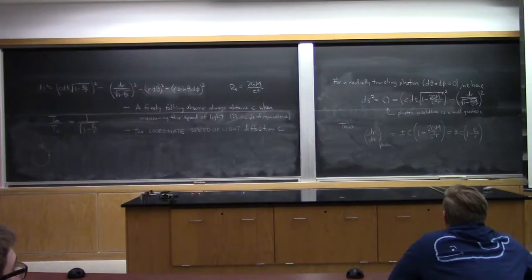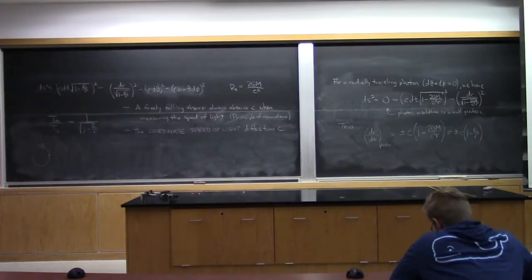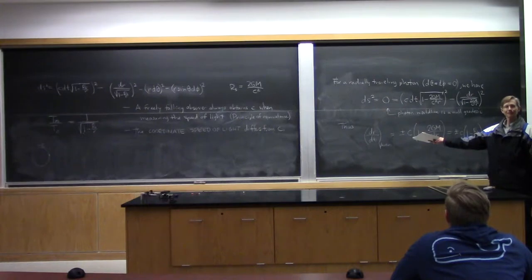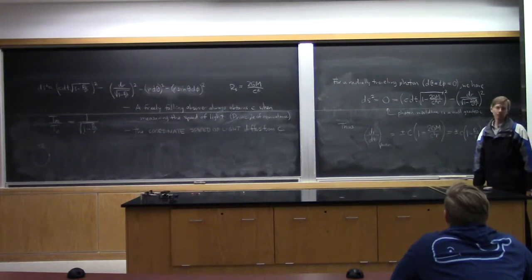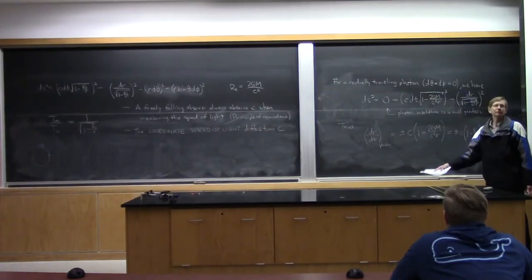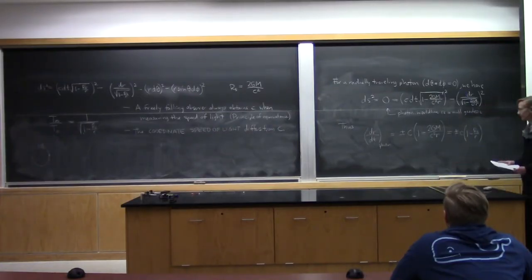Because I took a square root, and the square root could be plus or minus. Physically, plus or minus corresponds to what? The photon could be moving in or out. So the plus or minus is reflecting the photon being an outwardly traveling photon or an inwardly traveling photon. Both are certainly allowed.